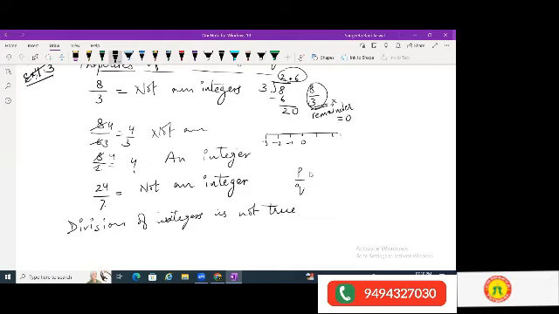Yes, it can be an integer also. See, here we got an integer also, but we got so many cases where it was not an integer, right? So it can be an integer, it cannot be an integer. That means division is not really closed for integers. This does not hold true for integers. True तो वही होगा ना जो, if it applies for every kind of number. ठीक है.